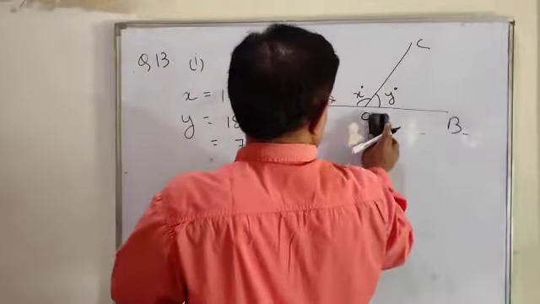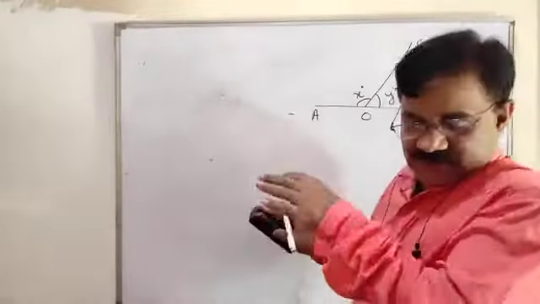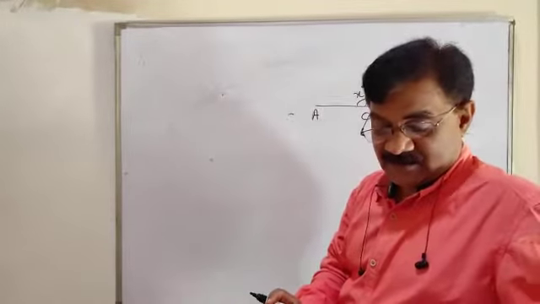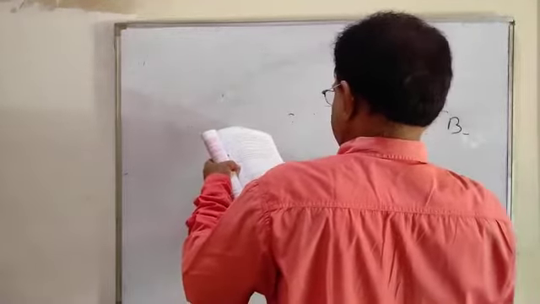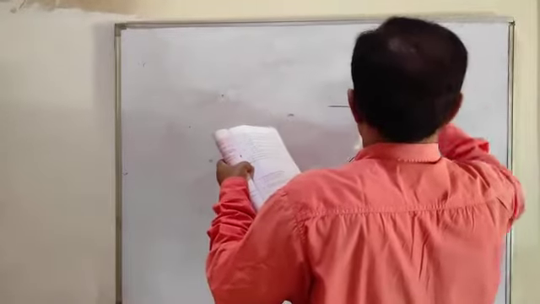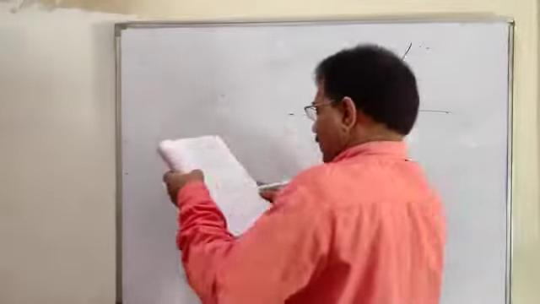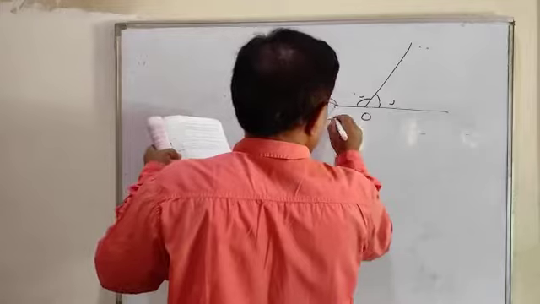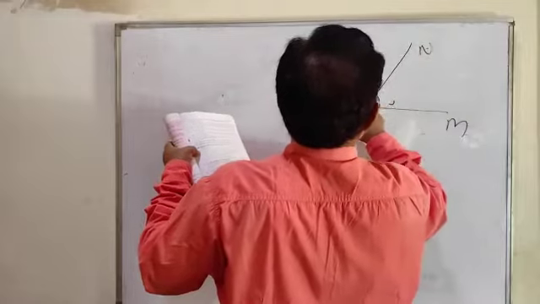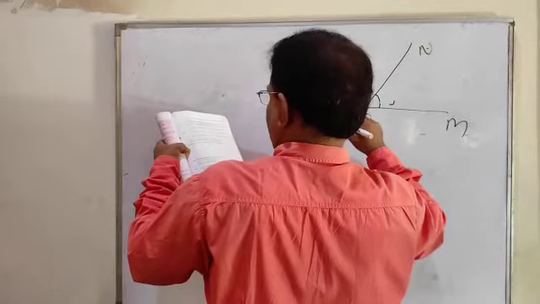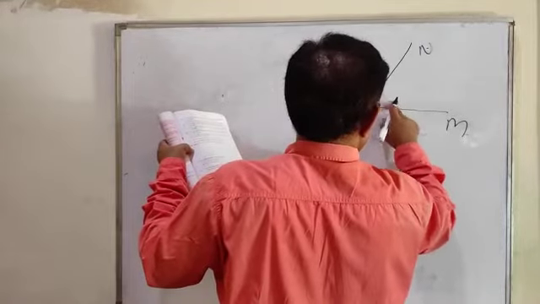See question number 14. The figure is almost the same, but the names are different. LOM, and here is M, and this side it is 4x, and this side it is 2x.